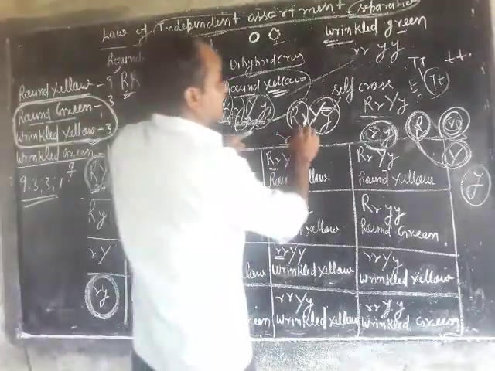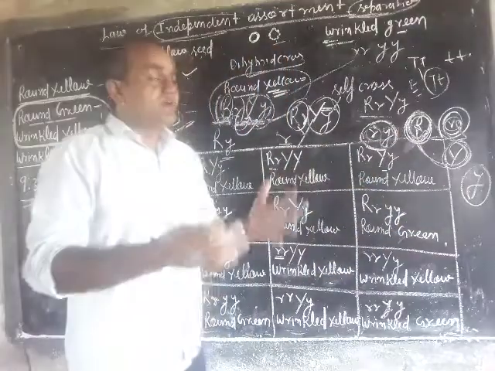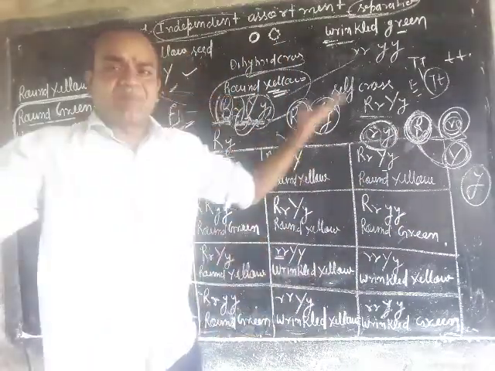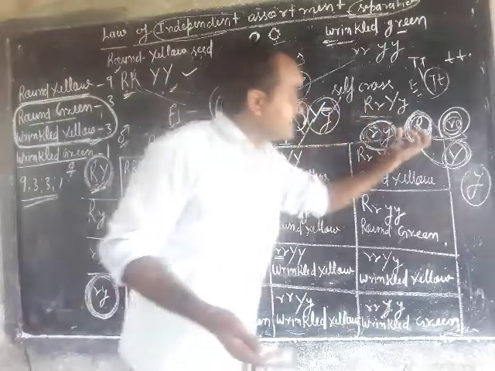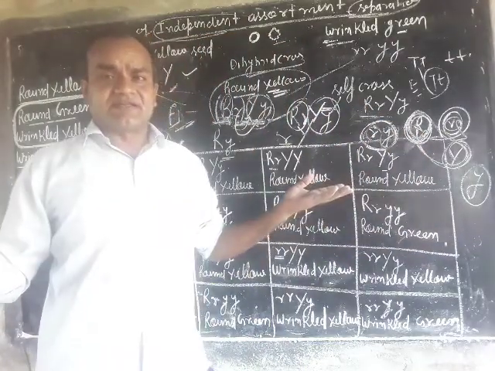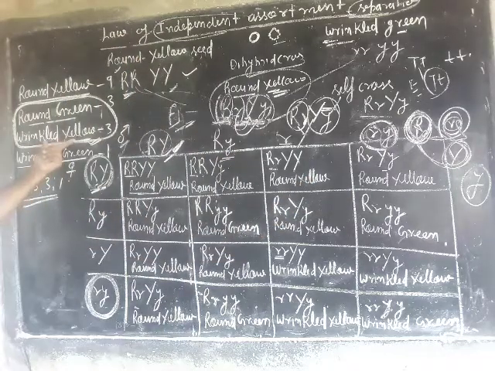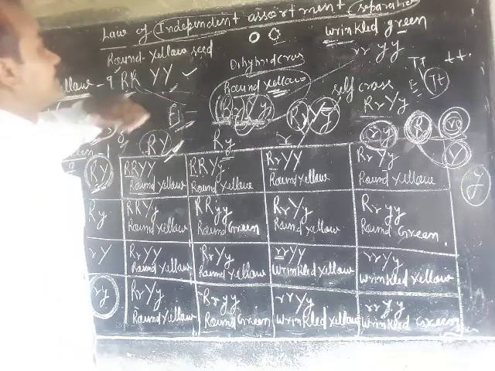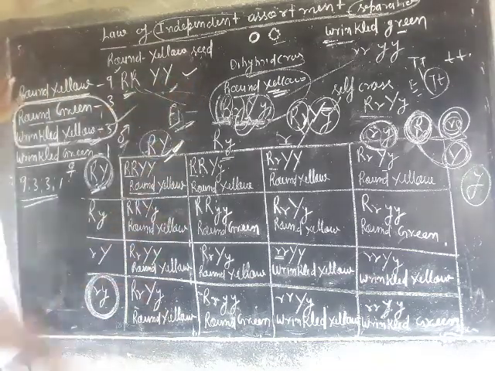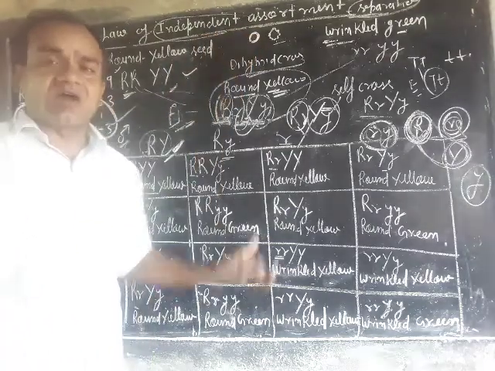Because these gametes fuse with other gametes independently, and these gametes separate from other gametes independently. This is the reason the new characteristic features originate in the F2 generation, which differ from the parents. This is the law of independent assortment.